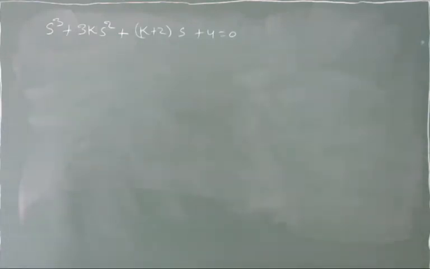What should be the value of k for the system to be stable?